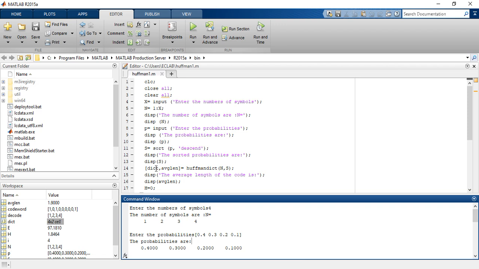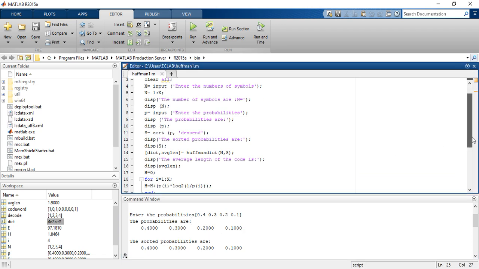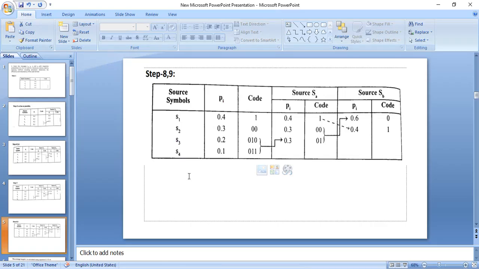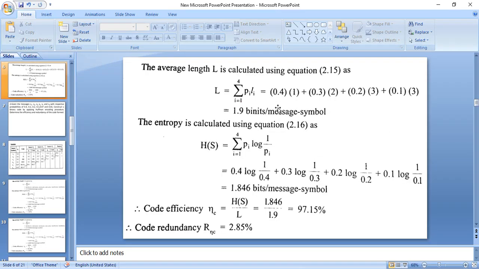So dict holds the binary Huffman code, and average length calculates the number of bits per symbol, and the same value will be displayed here. Later, average length and entropy, where H represents entropy. Here we can see the theoretical calculation.